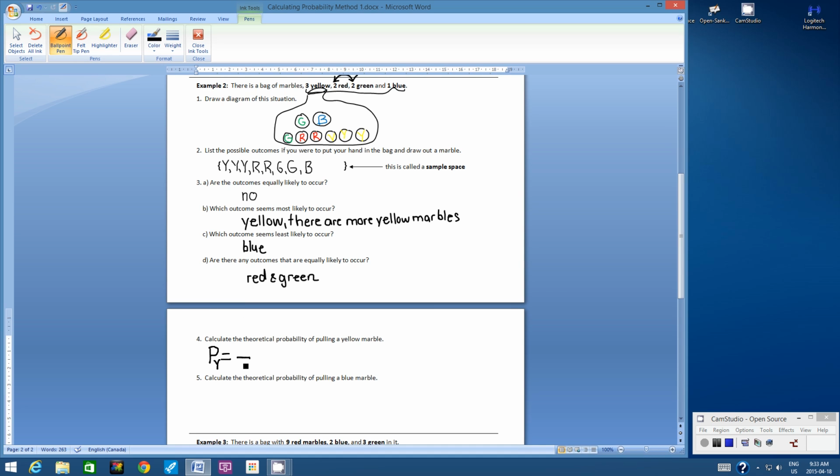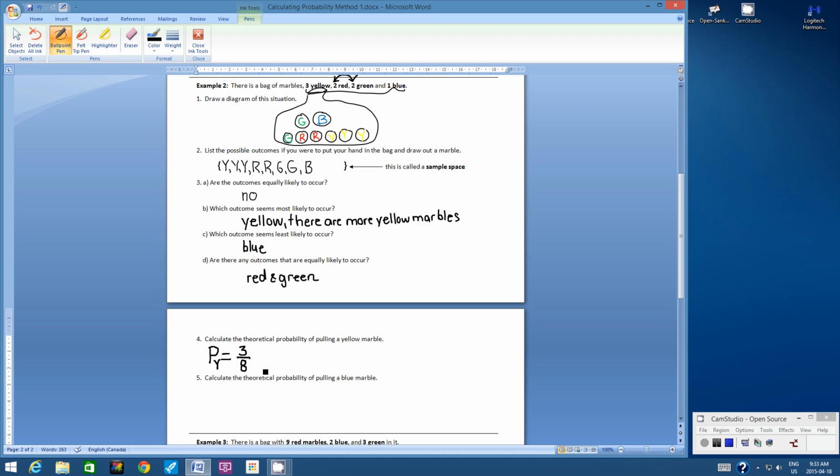Well, we know the total number of outcomes without even thinking about it is 8 because there are 8 total marbles. Okay, so we're looking at yellow here. How many favorable outcomes are there of yellow? Well, there are 3. There are 3 yellow marbles.